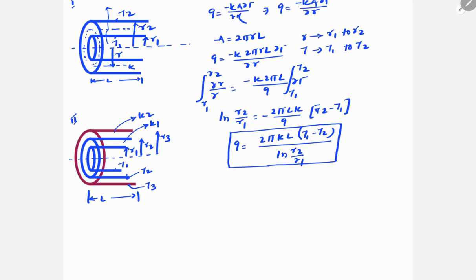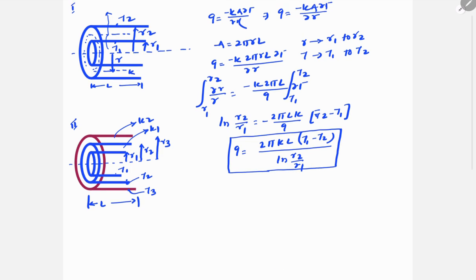As we have already derived one equation, in this case if I want to write an equation for the cylinder having thermal conductivity K1, the equation is the same. I'm rearranging it in the form: temperature T1 minus T2 is equal to Q dot ln R2 by R1 by 2 pi K1 L. This is equation number 1.